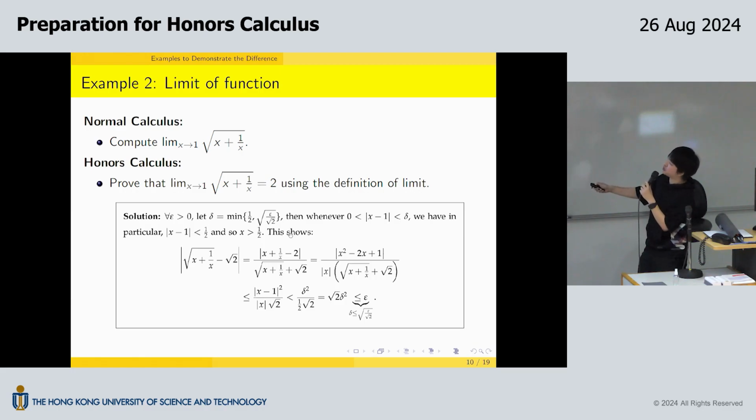And by the choice of delta, this is less than epsilon. And so you have verified, using the definition of limit, that the limit of this function as x goes to 1 is square root 2. You can see that the estimation you have done here is not very straightforward.